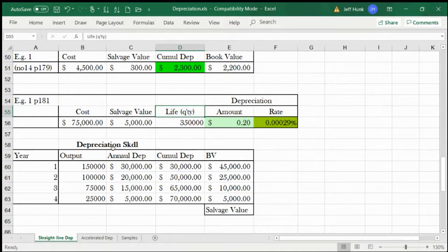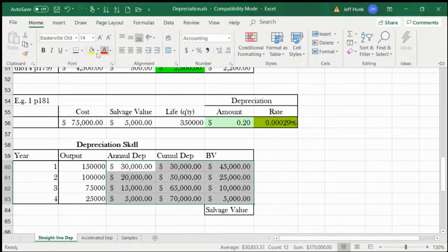Now, in this example, this machine's service life is 350,000 units. Whatever this machine is, it is $75,000 when purchased. Let me first get rid of this because it was already filled in.